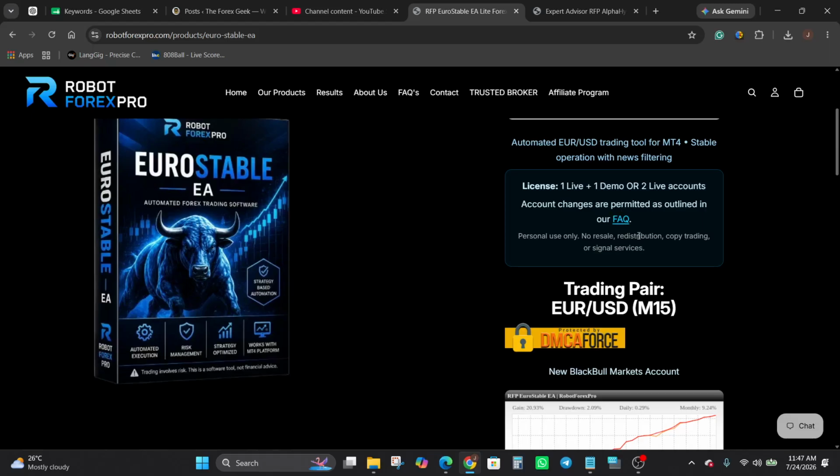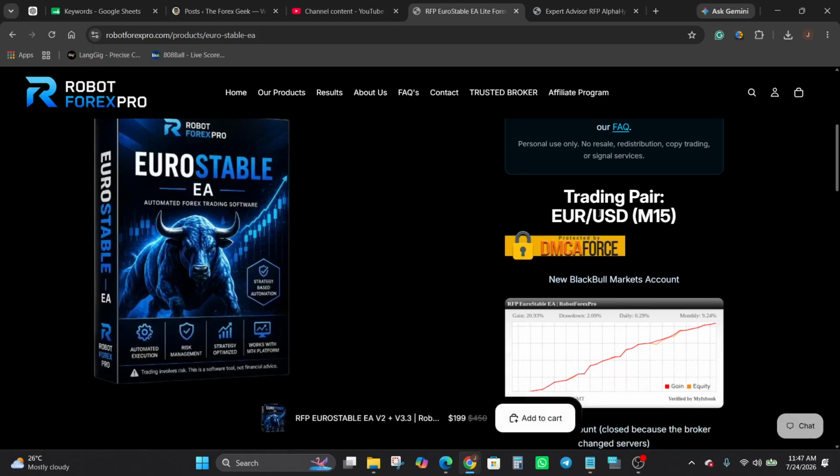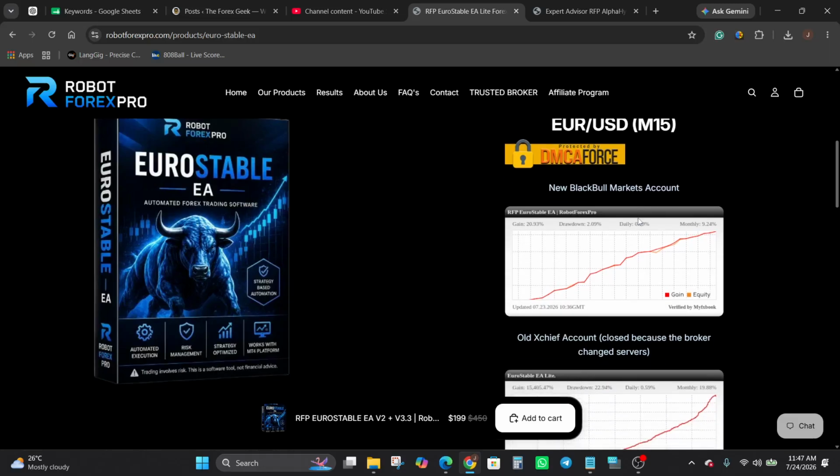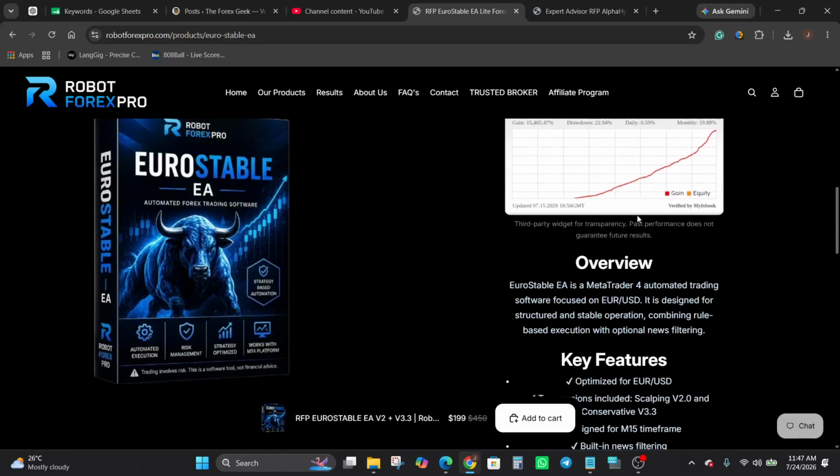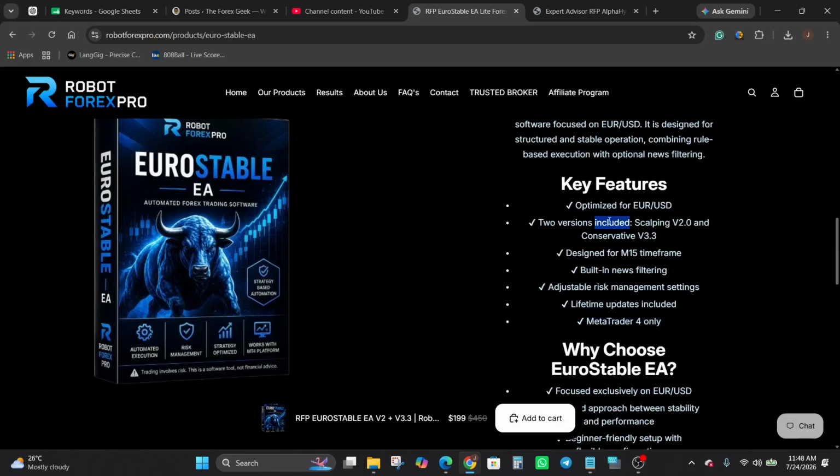So the EuroStable EA is focused entirely on EURUSD on the M15 time frame. Interestingly, it includes two versions in one package: a Scalping version 2.0 and a more conservative version 3.3.